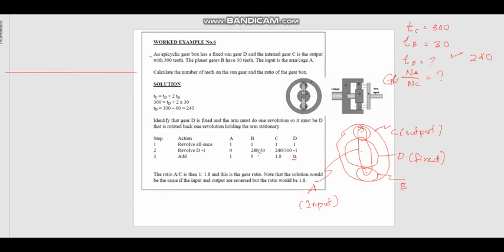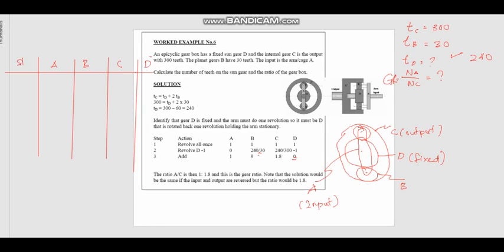So we have one line there, and then we have A, B, C, and D.